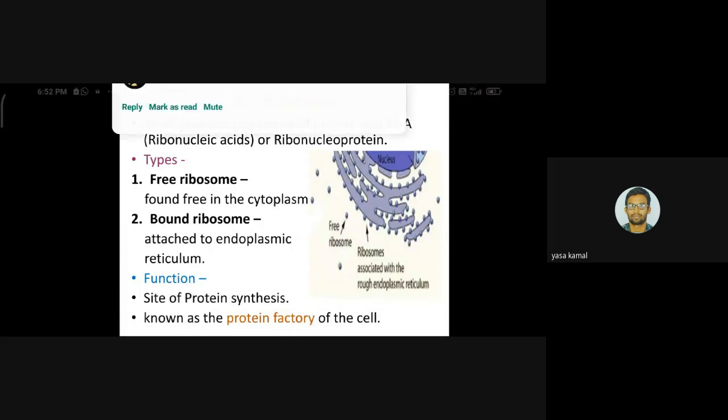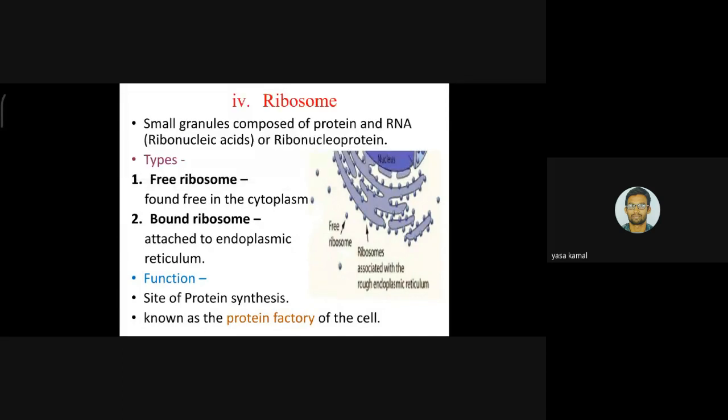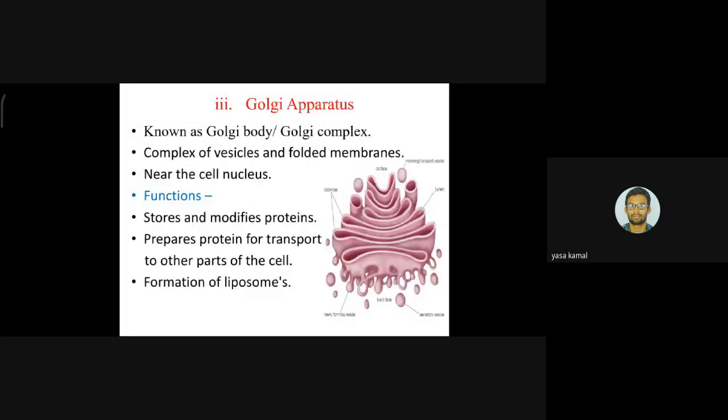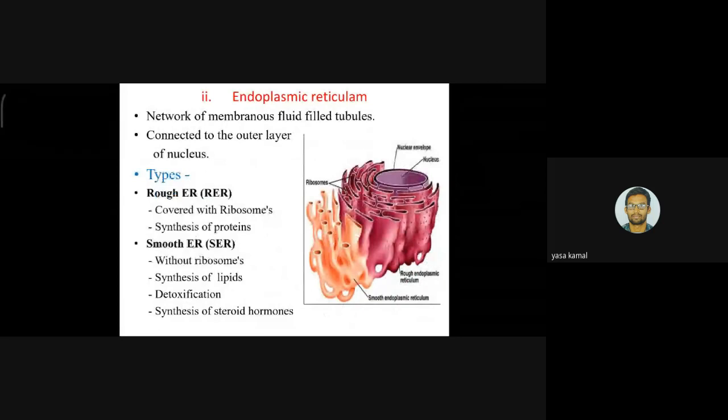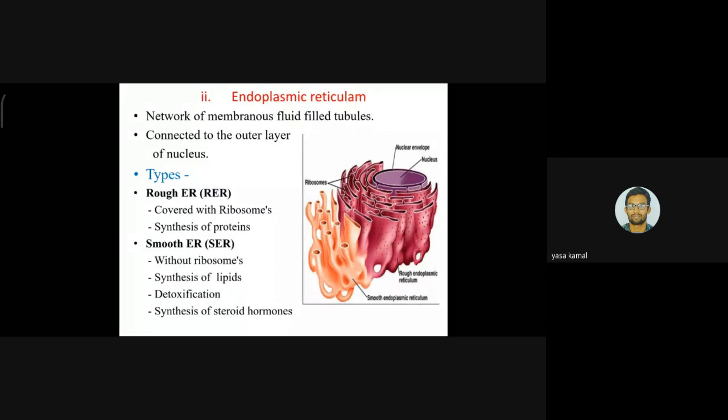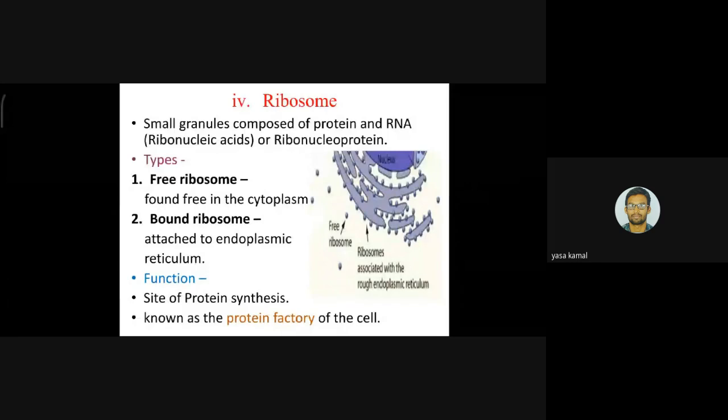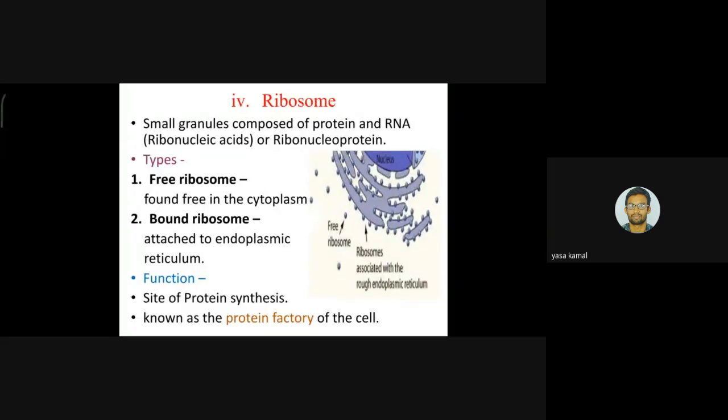Free ribosome means ribosomes are produced by the nucleus, but all ribosomes are not attached to the endoplasmic reticulum. Earlier we have seen that endoplasmic reticulum is rough and smooth. Rough endoplasmic reticulum has ribosomes in its body, and smooth endoplasmic reticulum does not contain ribosomes. So ribosomes which are attached to endoplasmic reticulum are bound ribosomes.